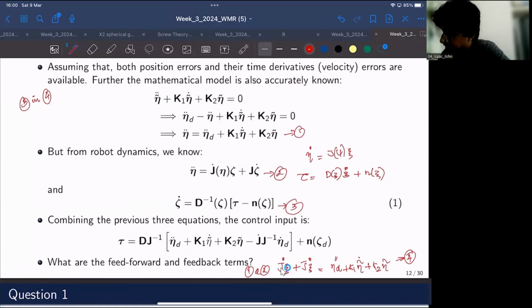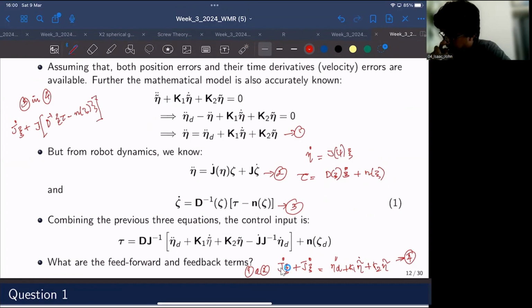Instead of zeta dot over here, you can substitute this here, right? So that will become J dot of zeta plus J of zeta dot, which would be nothing but D inverse tau minus N of zeta, right?